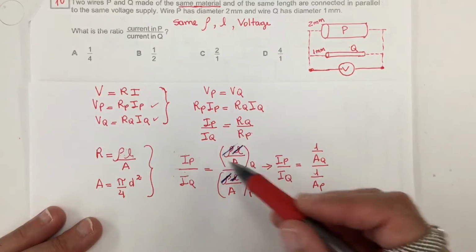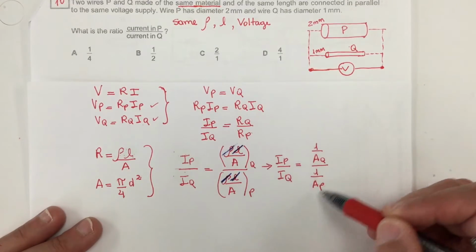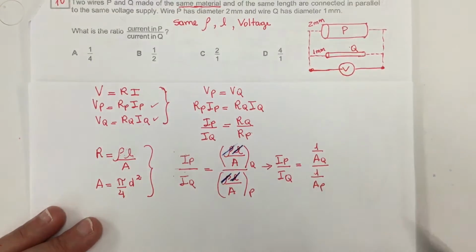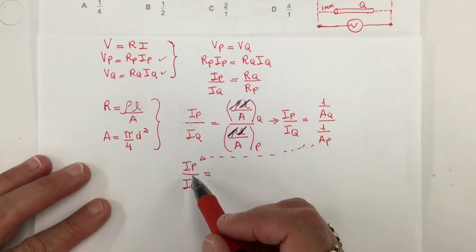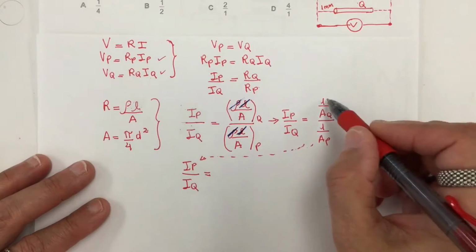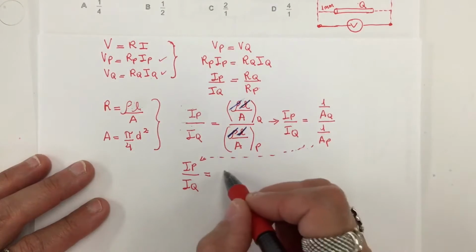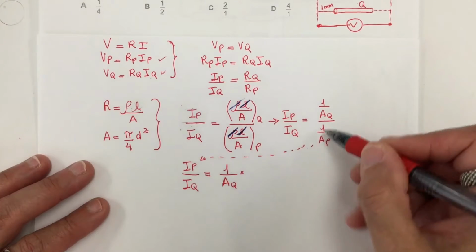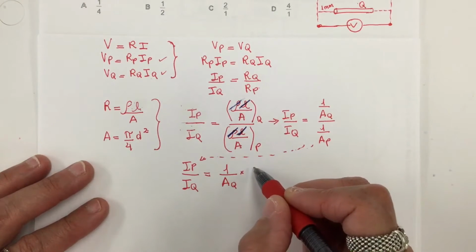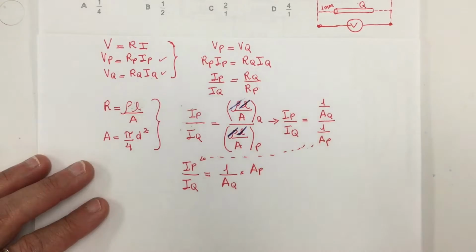Okay, so after I eliminate all this, this is what is left in this ratio. So I'm moving my result right here. This is on the numerator, so I will keep it just like it is, and I will flip this denominator, AP.